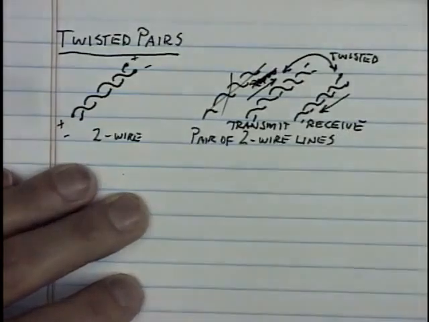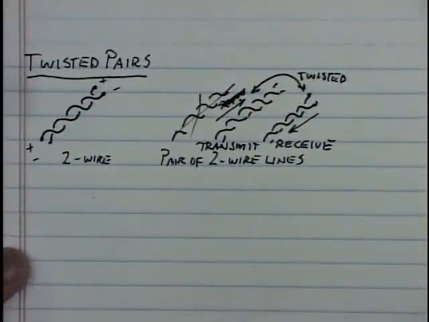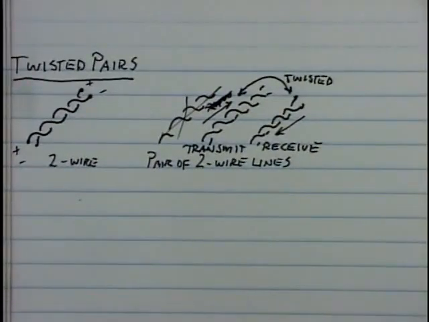Here's the idea: when we're interconnecting a computer and the internet, or a modem or router or something of that nature, we usually are transmitting and receiving signals. And you can do both at the same time.